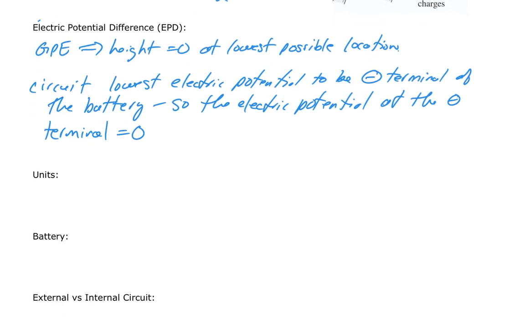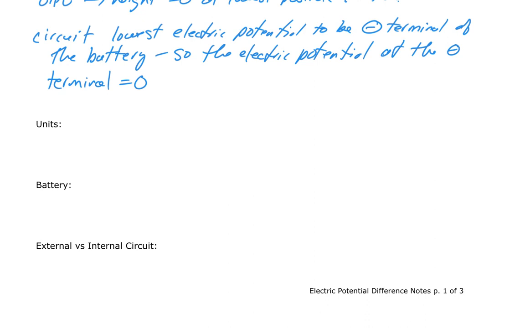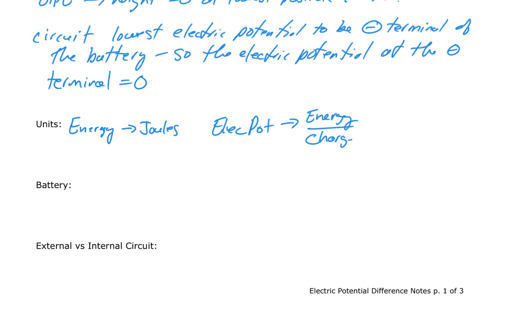Okay. So before we get that far, let's talk a little bit about units. We know that our unit for energy is simply a joule, whether it's gravitational potential energy or electric potential energy. But we've said that electric potential is energy divided by the charge.